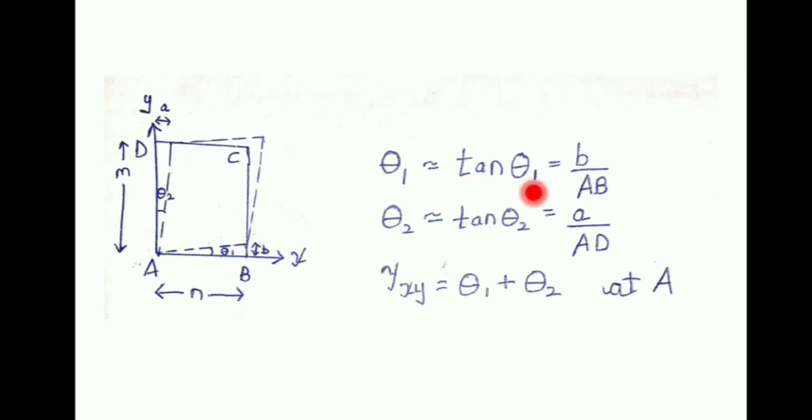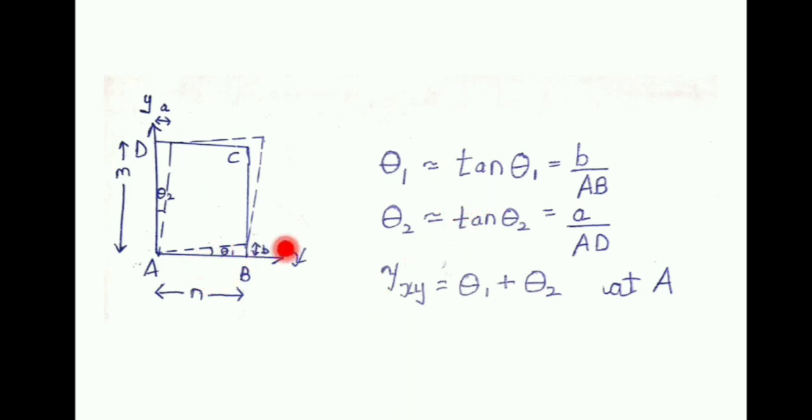Do you know tan theta can become equal to theta for angles less than 10 degrees? That's why here the angles are very small. That is what is mentioned in this question, or you need to assume that to solve shear strain problems. So tan theta would be theta dash.